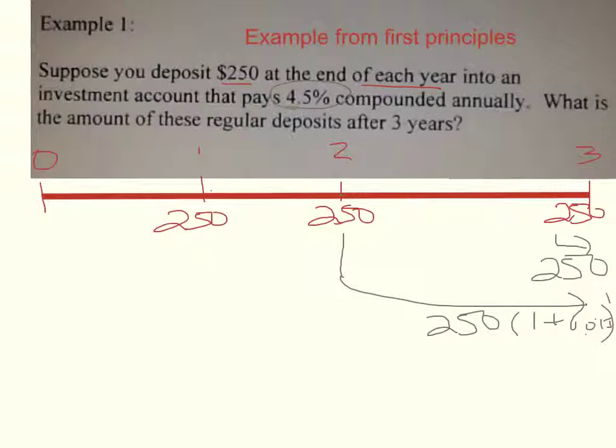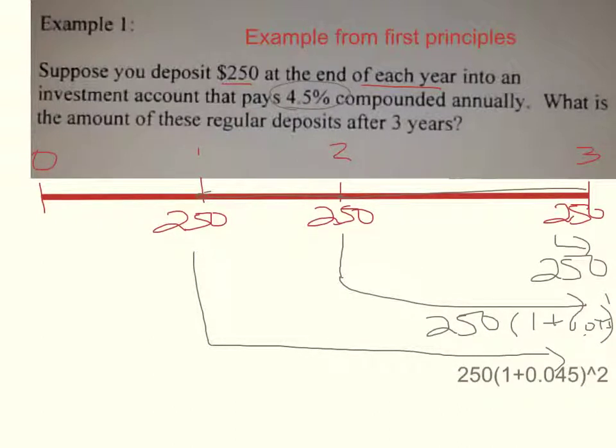The money that was put in at the end of year 0, so very close to year 1, has year 1, 2, and 2 to 3 to accrue interest. So I'm going to bring my timeline down, and the interest that is earned as well as the principal, so the future value of the payment at the end of year 0 is 250, the principal, times 1 plus 0.045, which is my interest rate, and this is all to the power of 2 because it wound up having 2 full years to accrue interest.